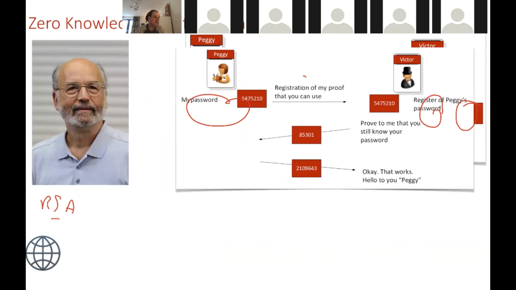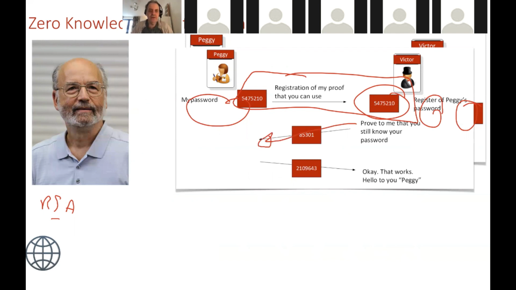So we do some sort of registration initially whenever we are creating our passphrase, and Victor just stores a random salt value. Then, in the interactive way, he sends a puzzle to Peggy.